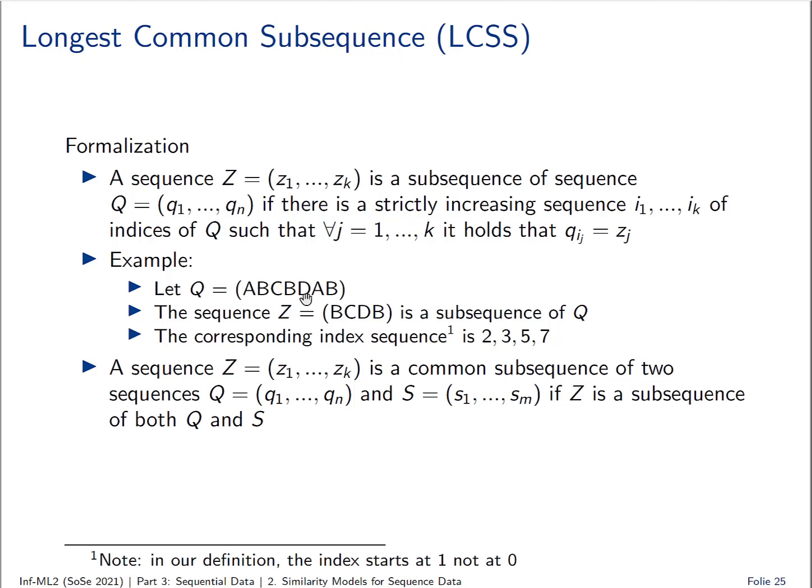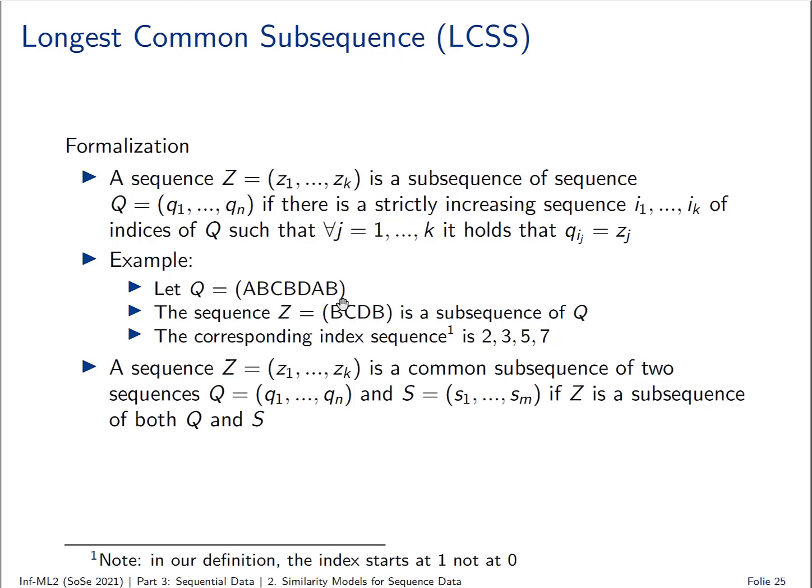So here is the Q sequence, and this sequence Z is actually a subsequence of Q, because there is such an increasing sequence of indices. The index of B in Q is 2. The index of C in Q is 3. The index of D in Q is 5, and the index of this B here in Q is then 7.